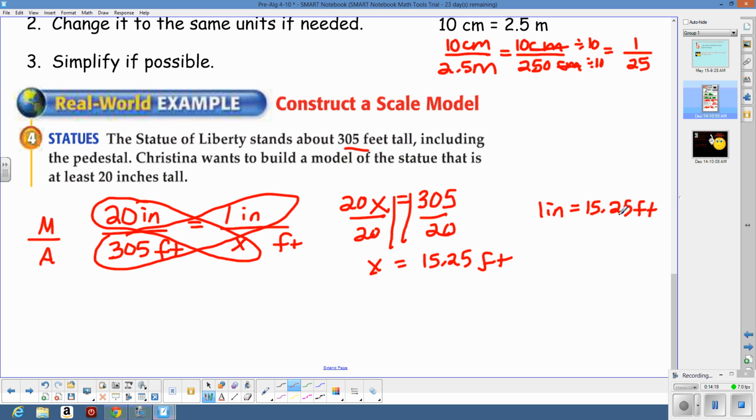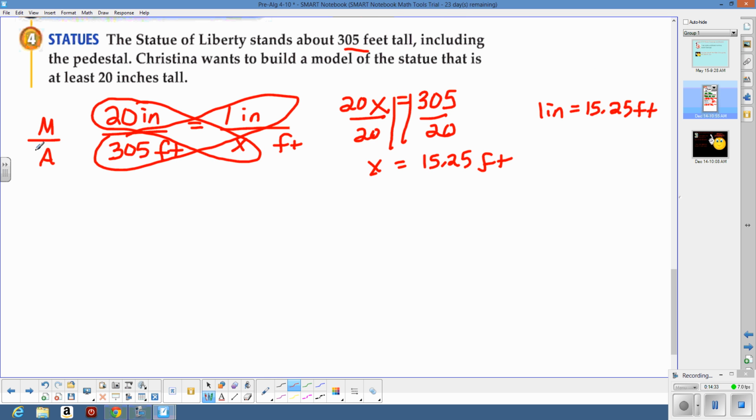Now, using the scale, we can find the height of the pedestal on the model if the actual height is 154 feet. We write down the scale first: 1 inch is 15.25 feet. So 1 inch on the model is 15.25 feet on the actual.